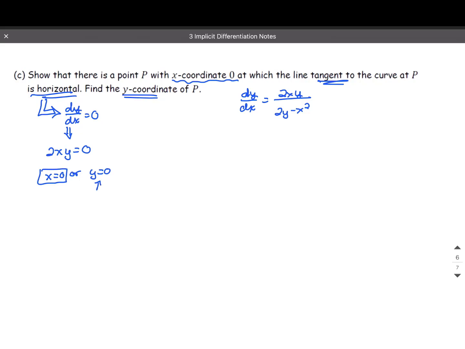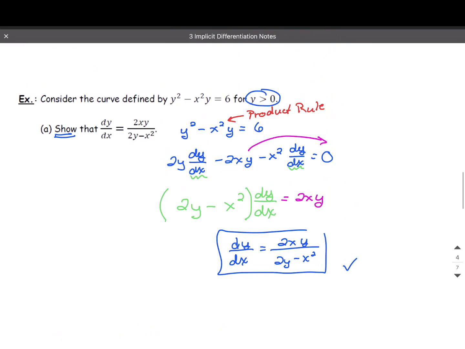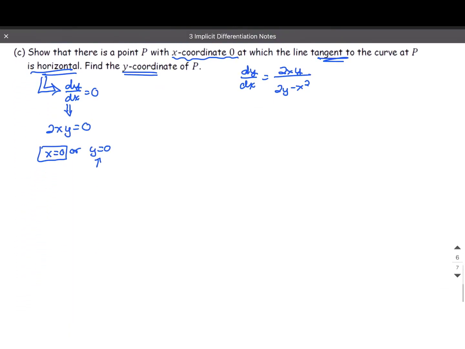However, remember, we were also told at the beginning that y had to be greater than 0. Remember that? Back here at the beginning, y is greater than 0. So y equals 0 is not in our range since we were told y is greater than 0. Okay, but we showed that we do have a horizontal tangent line when x is 0. Now we have to find the matching y value.